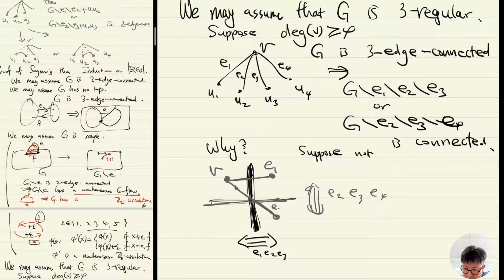So this is E2. Why is this neighbor here? Because they cross this way, right? How about E3? E3 is also here, right? Because E3 crosses both sides, and E4 is here.